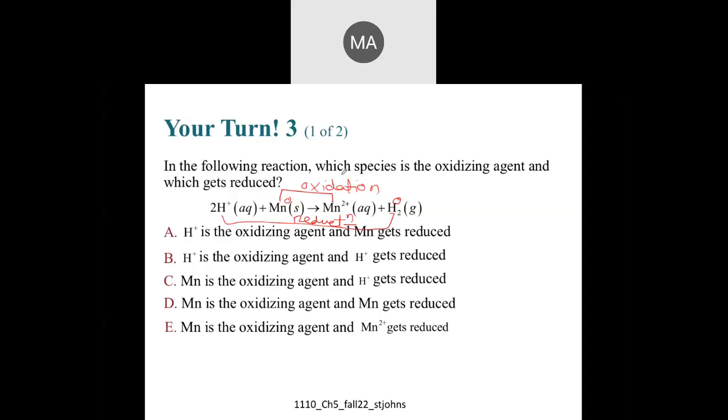Now the question we have: which species is oxidizing agent and which gets reduced? That means the question is totally about the reduction part. So here the oxidizing agent is hydrogen ion and hydrogen ion gets reduced. See, hydrogen ion is the oxidizing agent and hydrogen ion gets reduced.